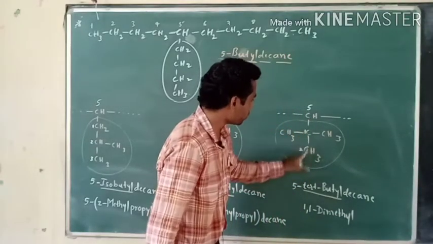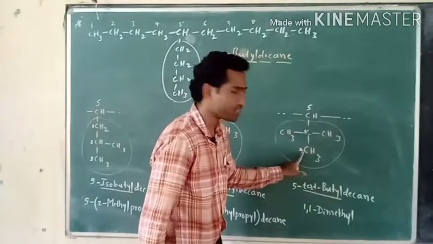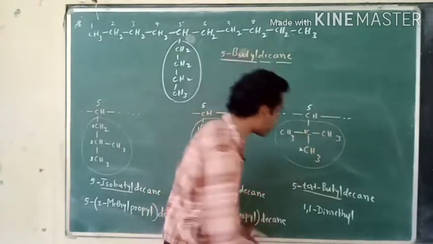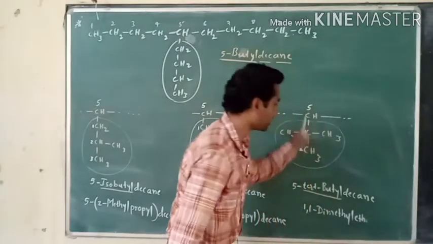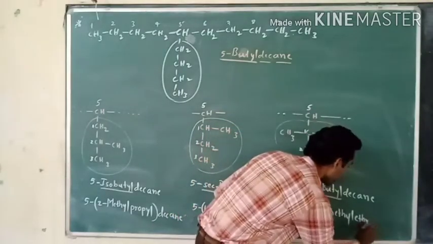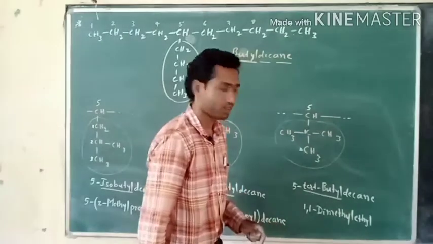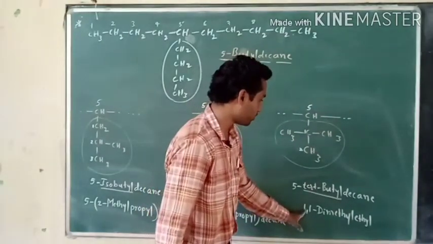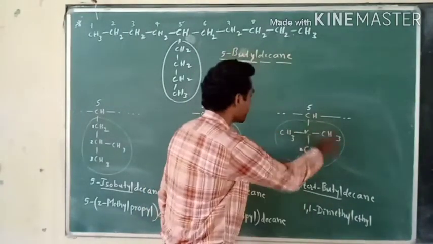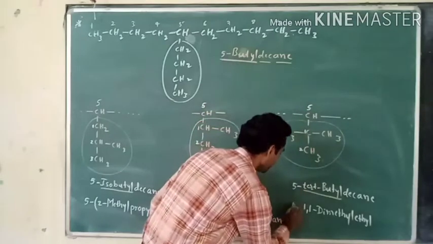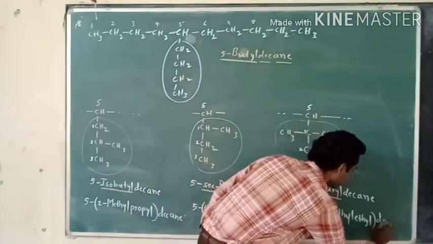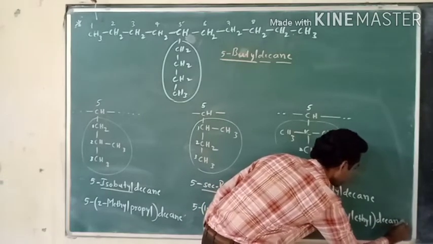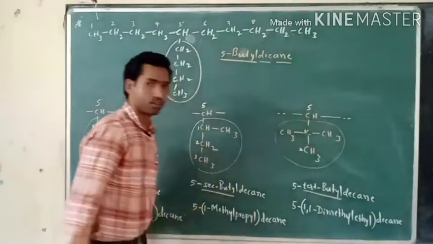Again 1, 2 is the longest carbon chain in the substituent, therefore eth, and the whole thing is the substituent, therefore yl, ethyl. So to which carbon is it attached? To the main chain, at the fifth carbon. The whole thing is written within the bracket, and dec is the root word, ane is the primary suffix.